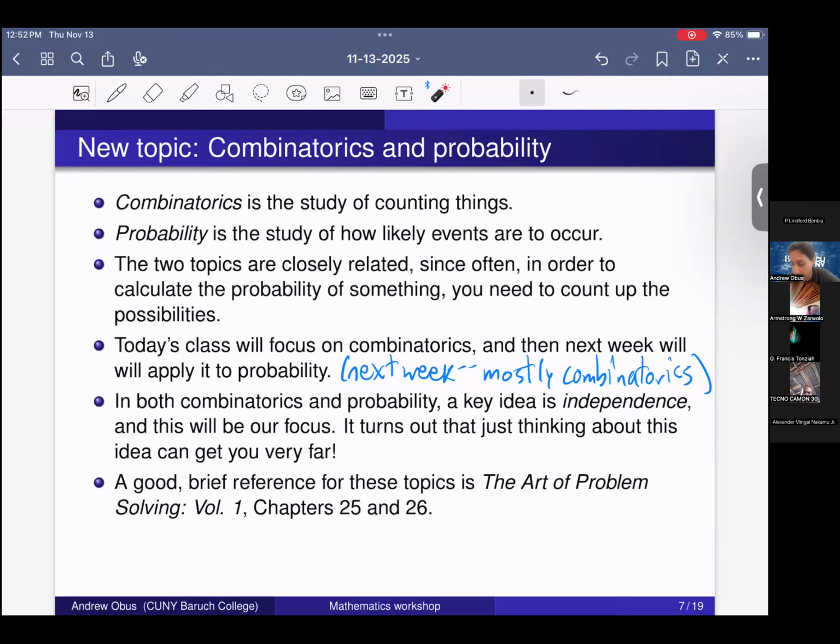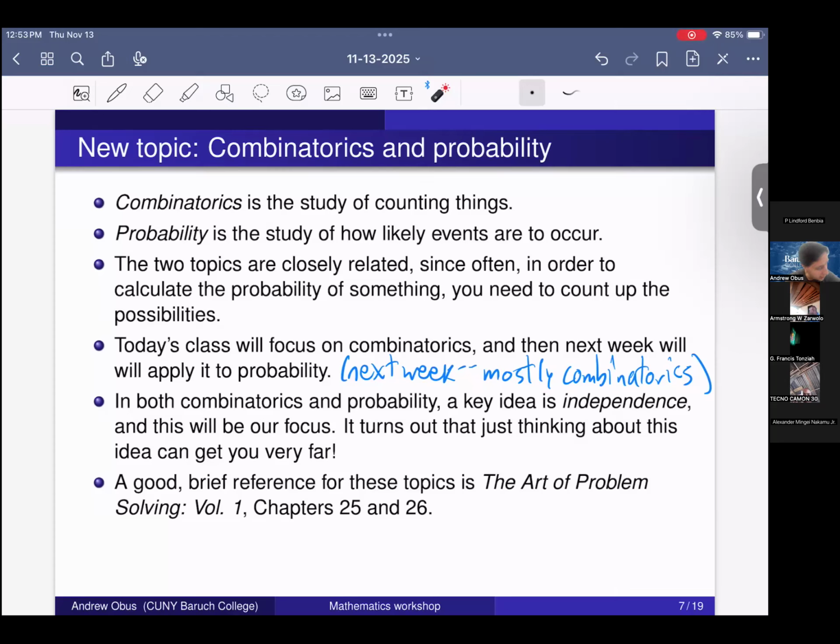Part of it is just because there are so many different types of problems and so many different ways that a problem can look. And just like with word problems, in combinatorics, if you keep the idea of independence in mind, then that will let you solve almost all of the problems that you could possibly come across. So the focus that we're going to have is independence. Okay. And it turns out that just thinking about this idea can get us pretty far.